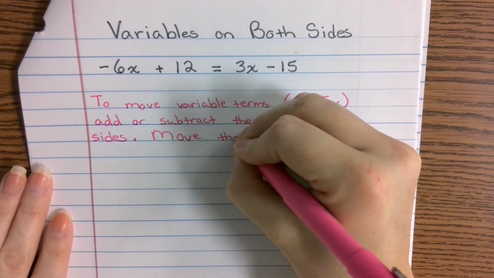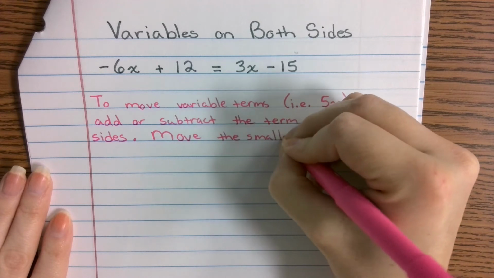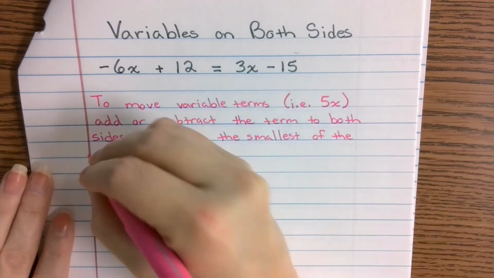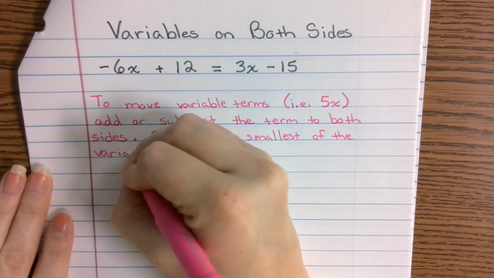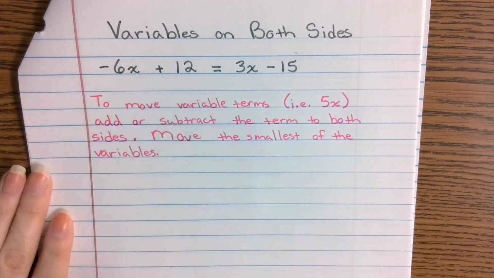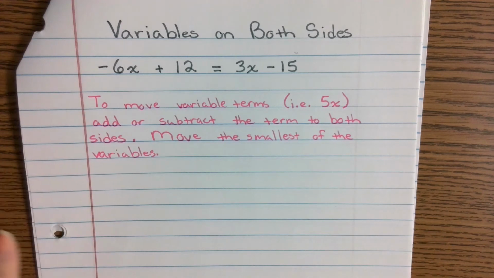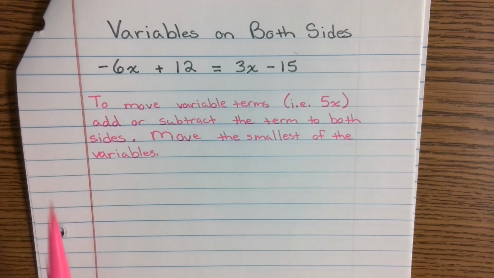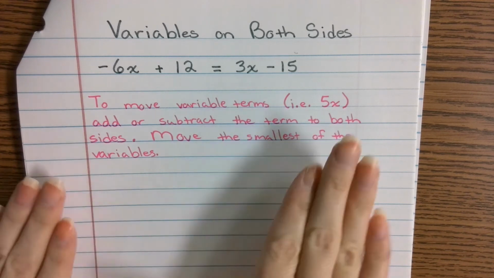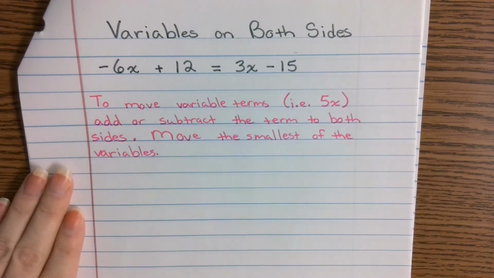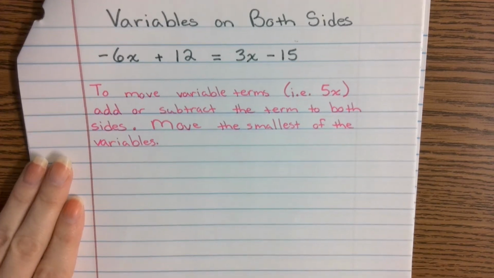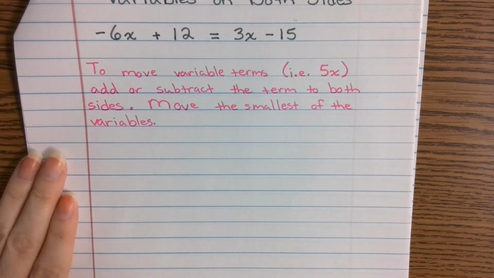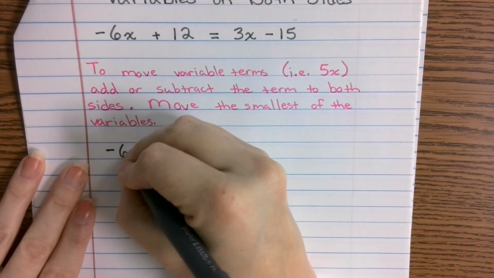Move the smallest of the variables. Again, you don't have to. Some people prefer to always take the one that's on the right and move it to the left because they like having their variables on the left side. They like their final answer to say x equals. But if you don't want to deal with negatives, then just choose the smaller of the two variables to move.